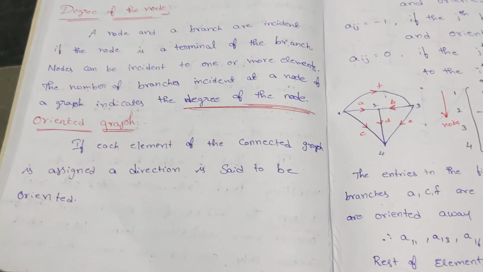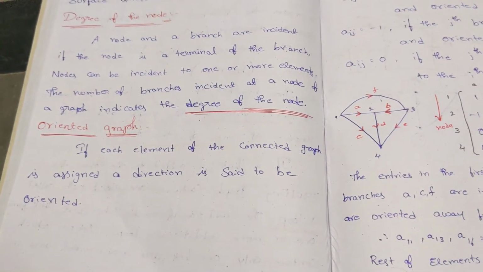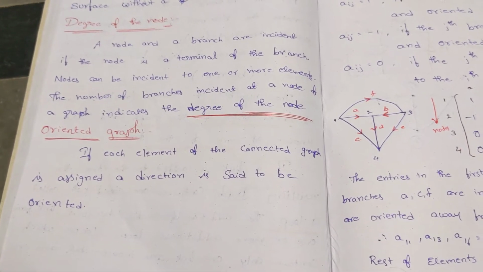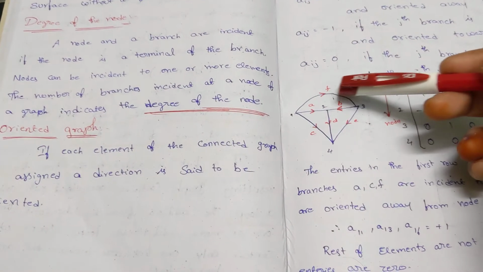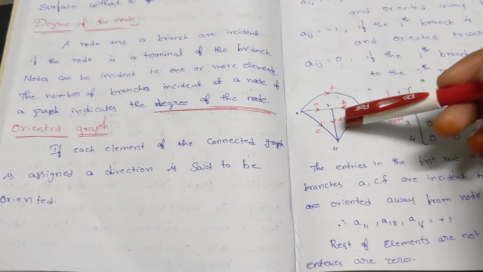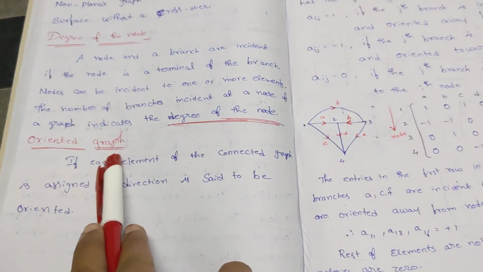In the same fashion, if each branch is assigned a direction, that type of graph we call a directed graph or oriented graph.